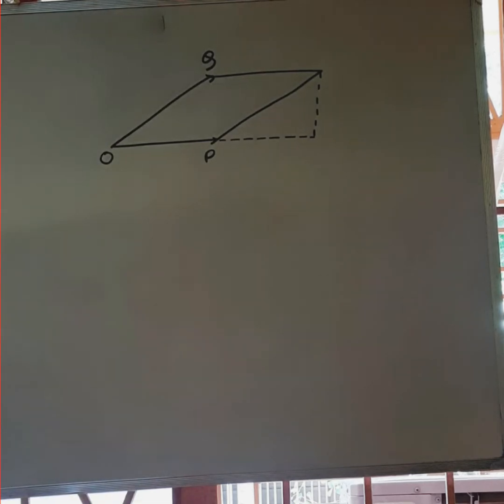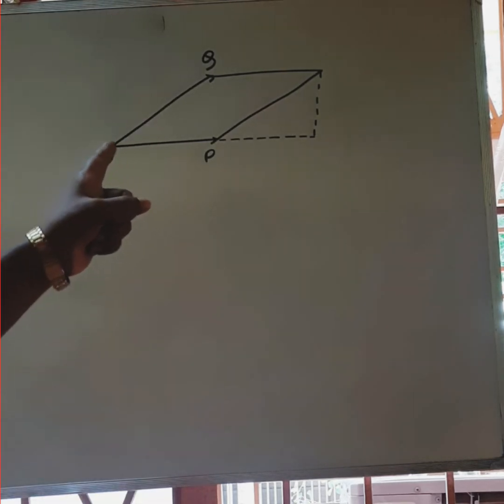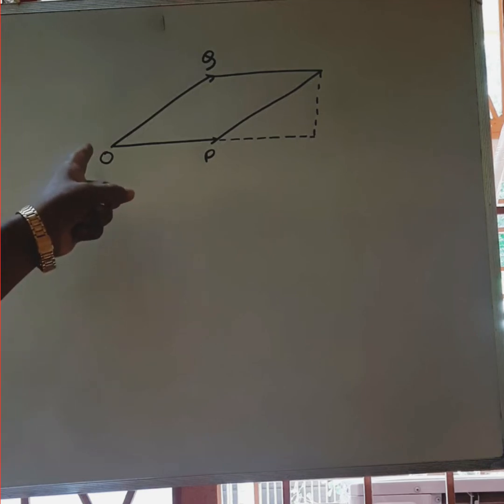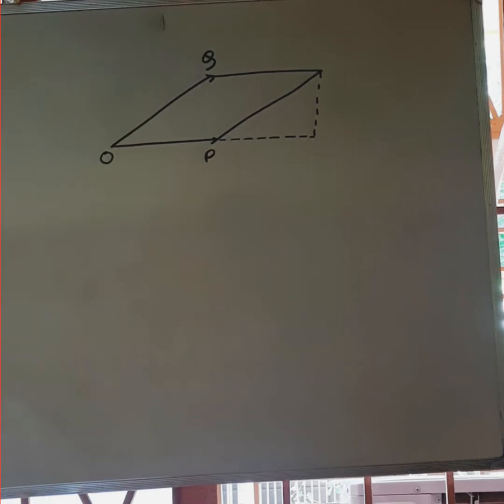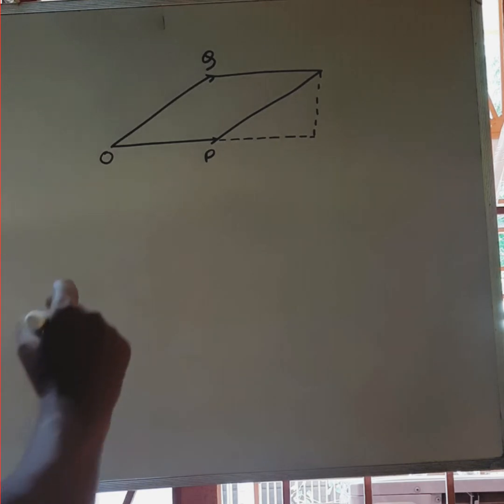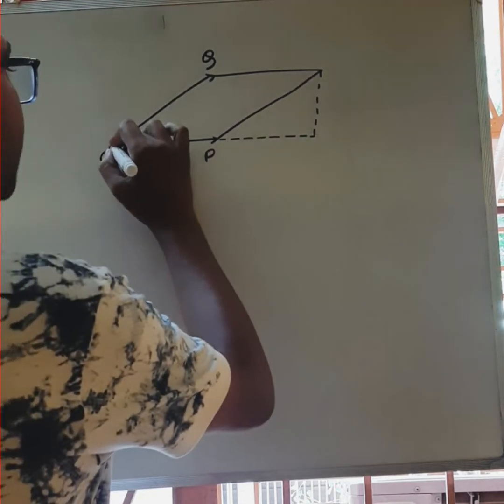It states that if two adjacent sides of a parallelogram are represented by two vectors, then the diagonal drawn through the point of intersection of those two adjacent sides will give us the resultant vector.